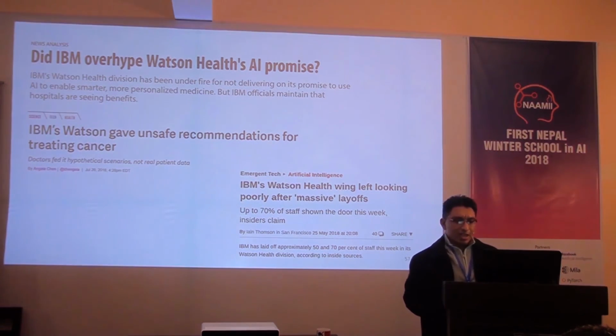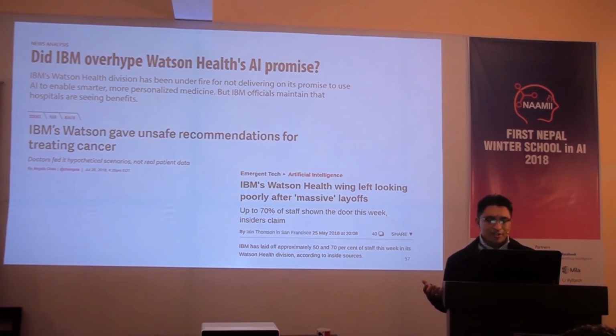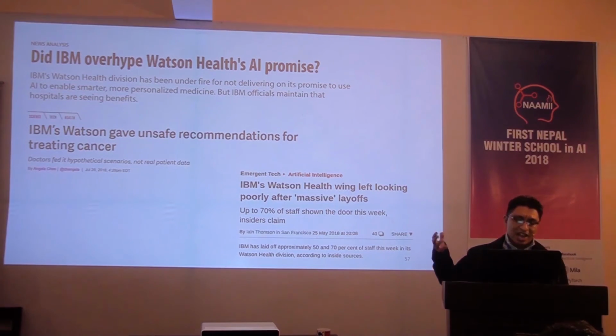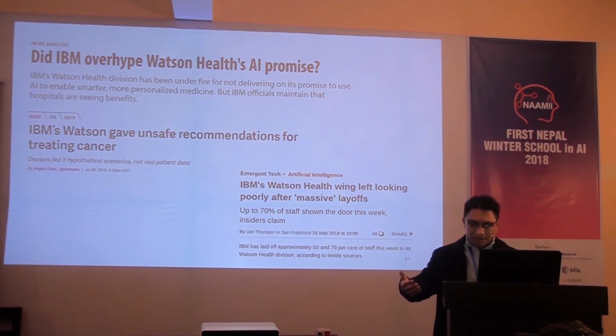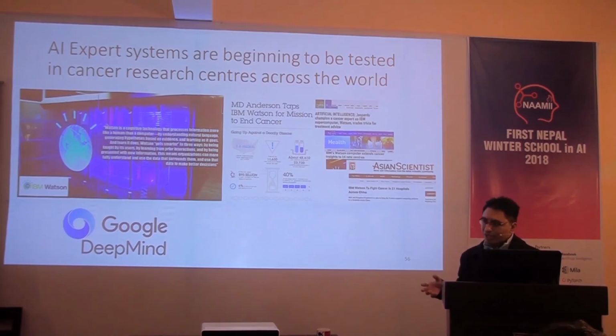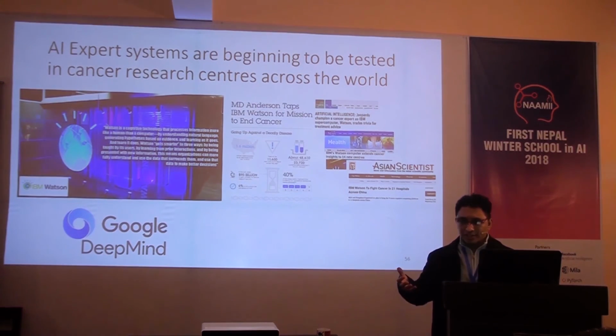And then very recently there has been a lot of negative news coming out in the media about whether IBM Watson is delivering its promises. Now, how IBM Watson works is that it is a string, a query-based system, right?